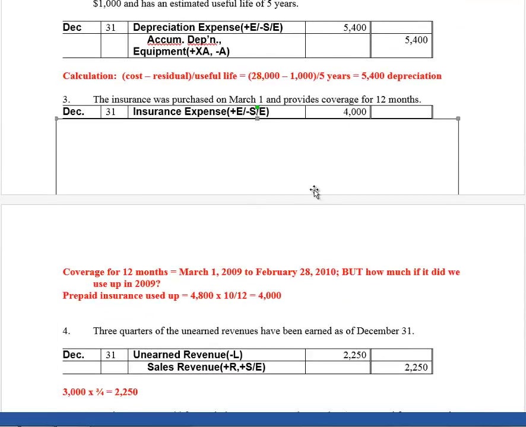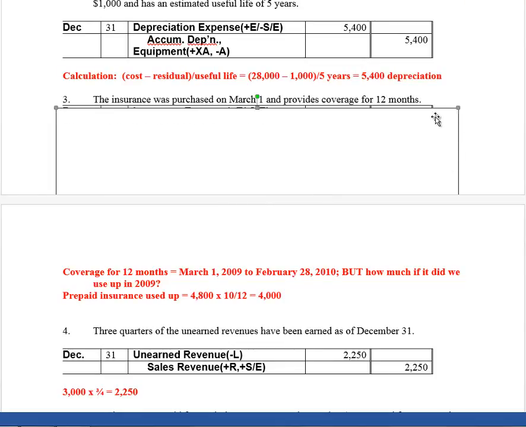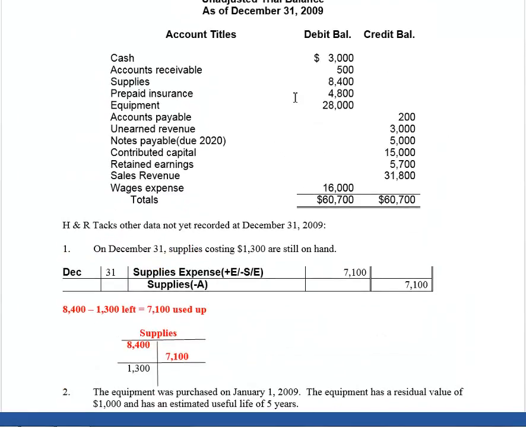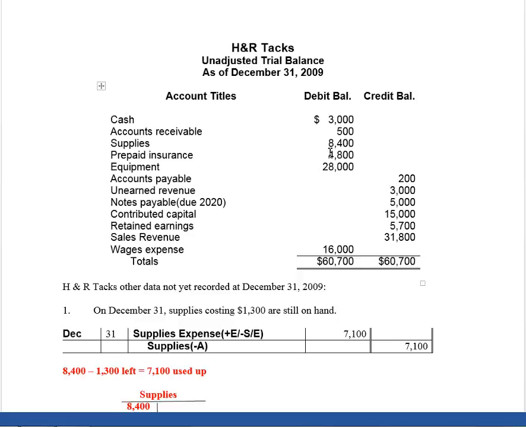The next transaction said that we had insurance that we purchased on March the 1st, and that provides coverage for 12 months. Well, how much insurance did we purchase on March the 1st? Well, our unadjusted trial balance tells us that we paid for insurance $4,800. We prepaid it.